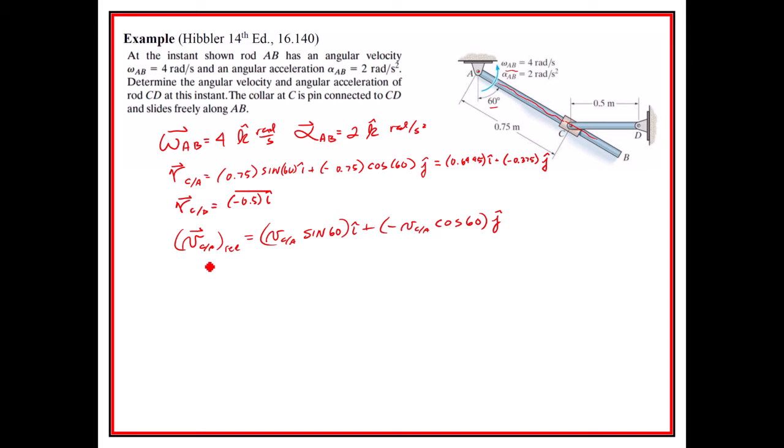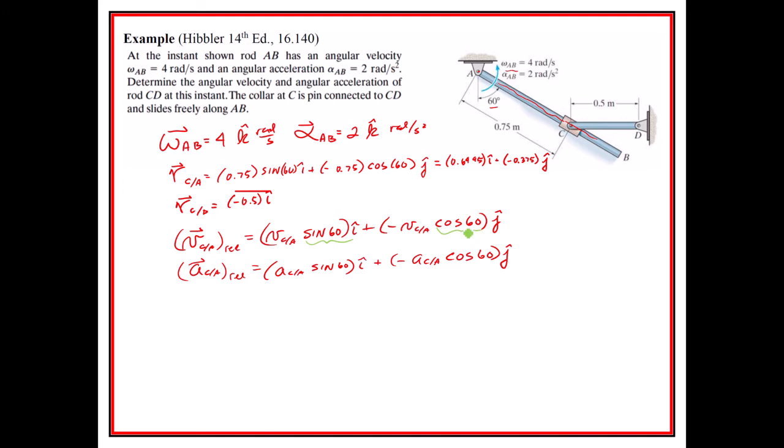We can have the acceleration do the same thing. This is the relative, REL. So we have A C with respect to A, sine of 60 i, plus a negative A C with respect to A, cosine of 60 j.